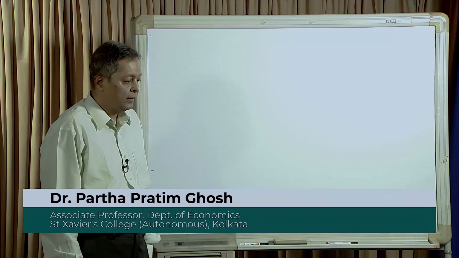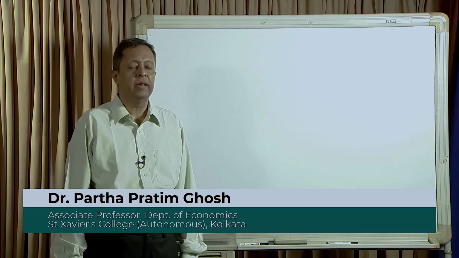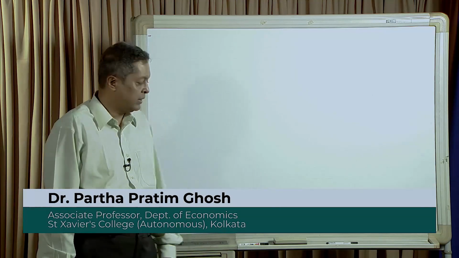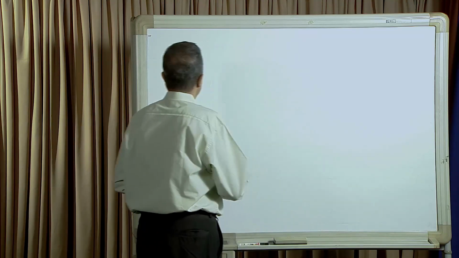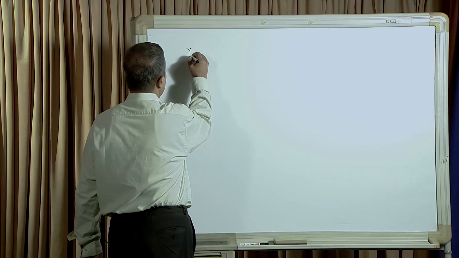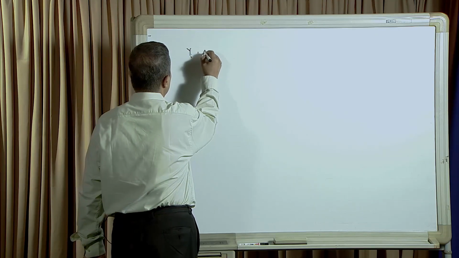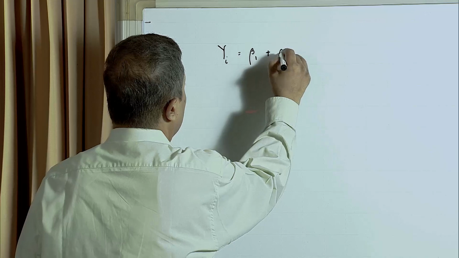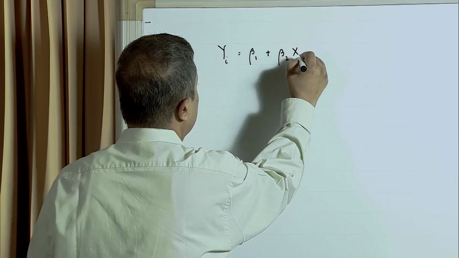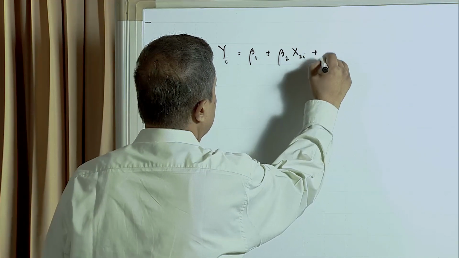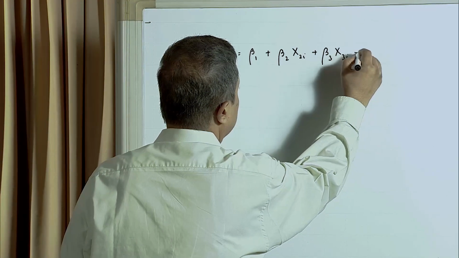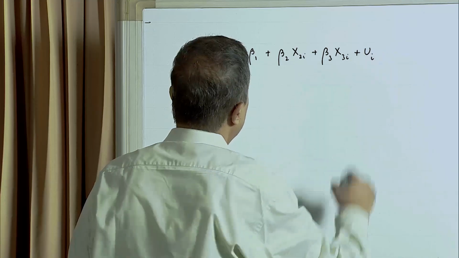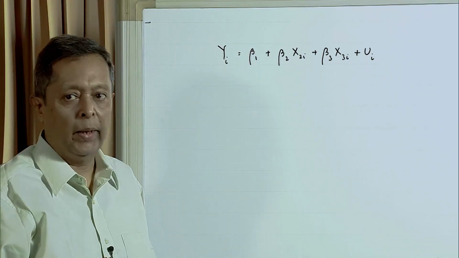Let us begin as usual with a 3 variable model given as y_i = beta 1 + beta 2 x_2i + beta 3 x_3i + u_i, where i runs from 1 to n.